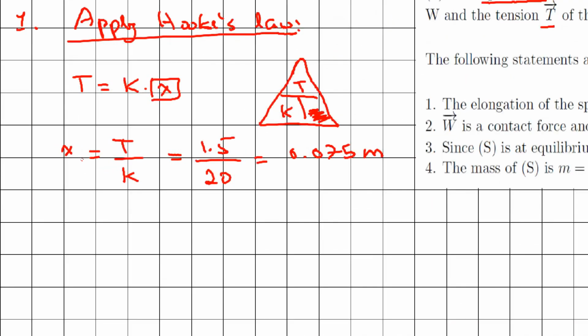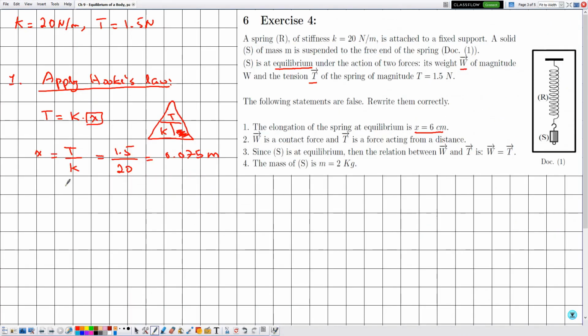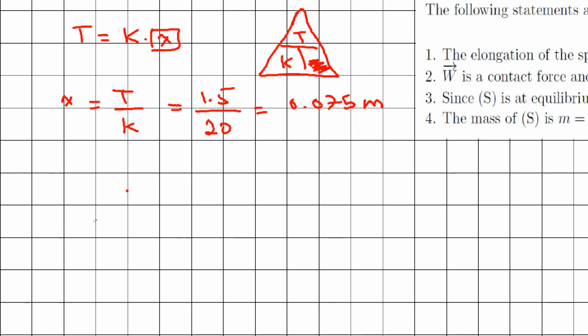In order to make sure that this is in meters, we make sure that we have replaced everything in newton and meter. Now T over K is a newton over a newton per meter, which is newton over 1 multiplied by meter over newton. So this cancels out with this, so the unit is meters.